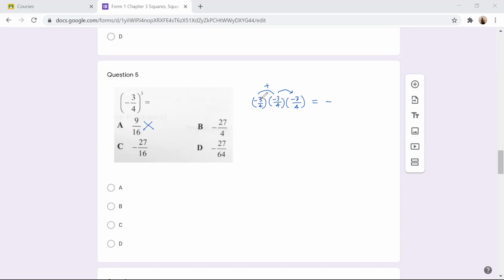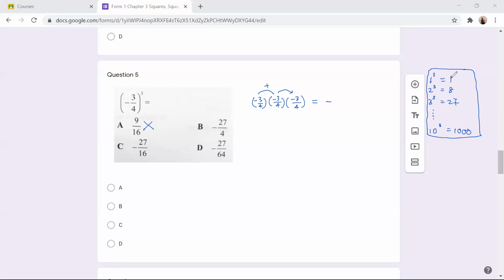Now let's look at the number 3. So 3 times 3 times 3. Again, we have the cubic table to be memorized. We have 1 cube, 2 cube, 3 cube. 1 cube equals 1. 2 cube is 8. 3 cube is 27. All the way until 10 cube, which is 1000. We just need to memorize up to 10 cube.